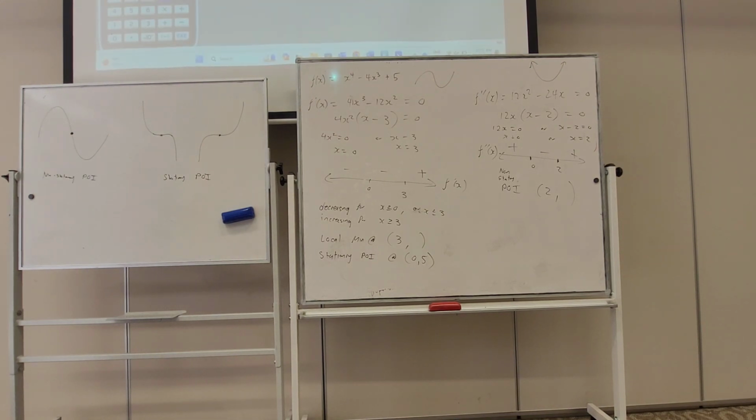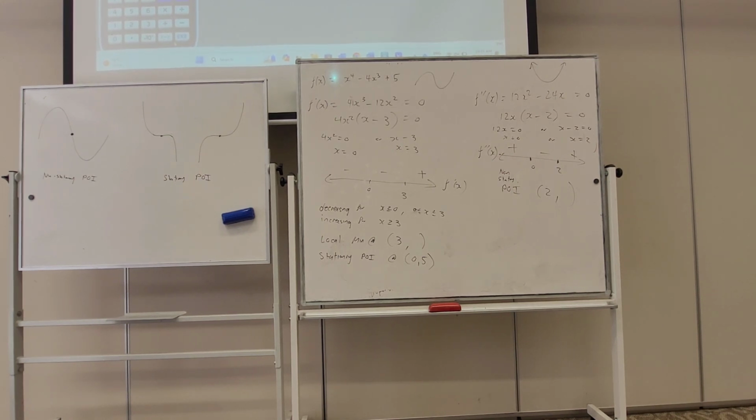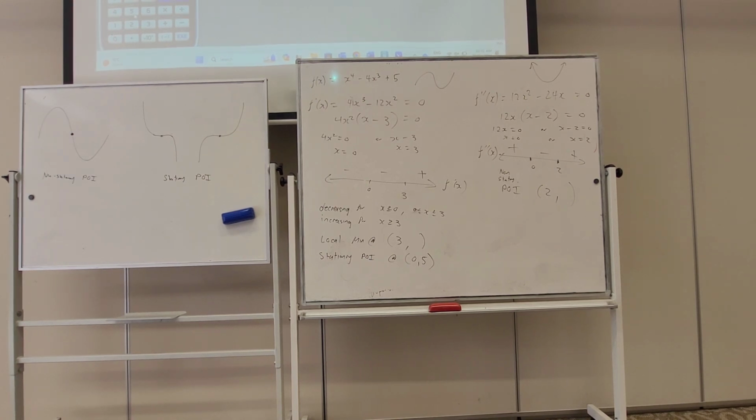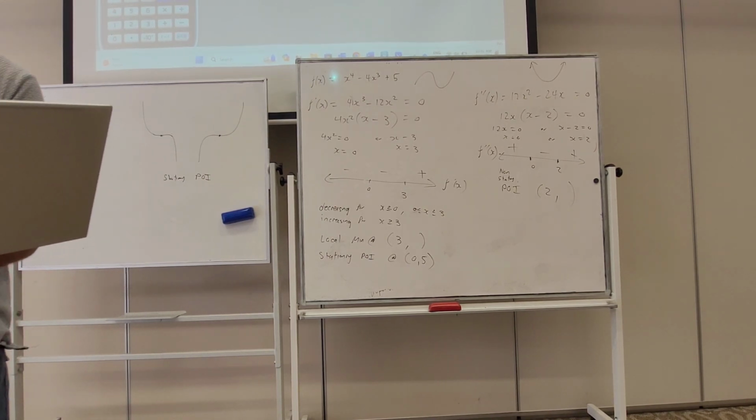Now I'll graph the same function that we've got here. It is x to the 4, take 4x to the 3, and then plus 5. Cheers. I'll just set my view window to standard. We might need to zoom out a bit.